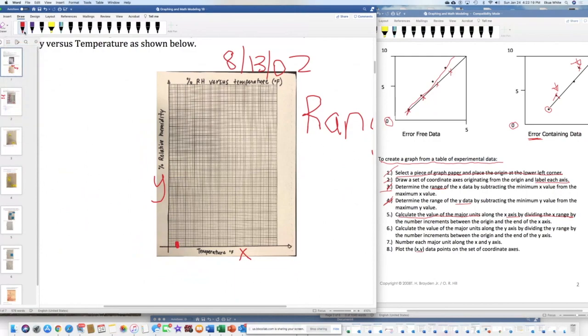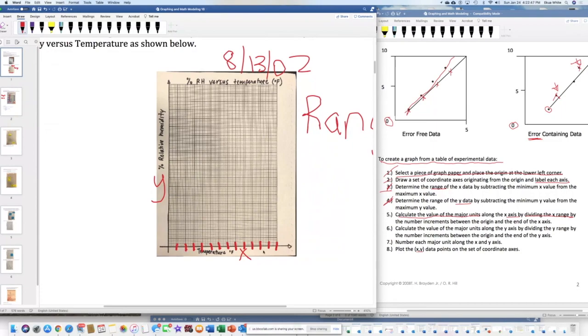Okay, so here, these are my marks. You have to mark your graph paper to figure out the number of increments. So I mark these big thick lines here: 1, 2, 3, 4, 5, 6, 7, 8, 9, 10, 1, 2, 3.